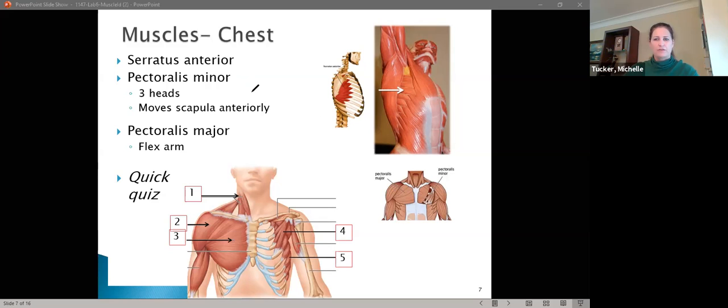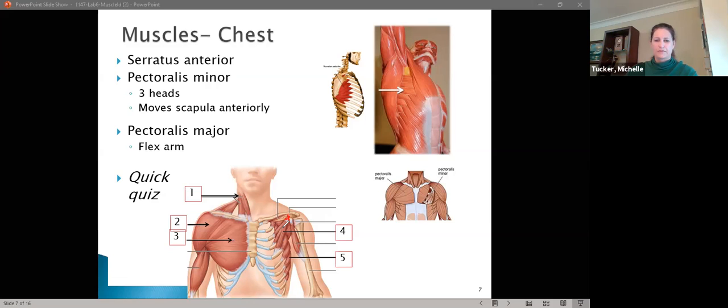Pectoralis minor and serratus anterior are deeper muscles. So they're going to be on the deep side of the torso model. They are both called pennate muscles. They look like feathers. So it's important to identify pectoralis minor first, because pectoralis minor has three distinctive heads. So it originates, it has a section here, and then it has three heads here.